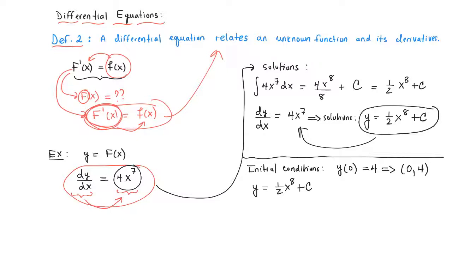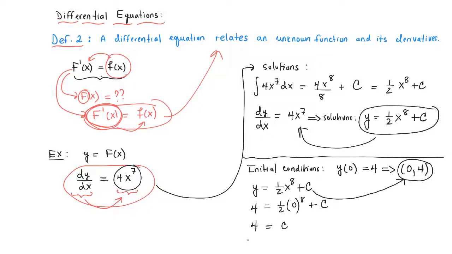But now you want the solution or the curve that passes through the point (0, 4). So what you're going to do is substitute 4 for y, then 0 for x, and that will allow you to find the value for c.